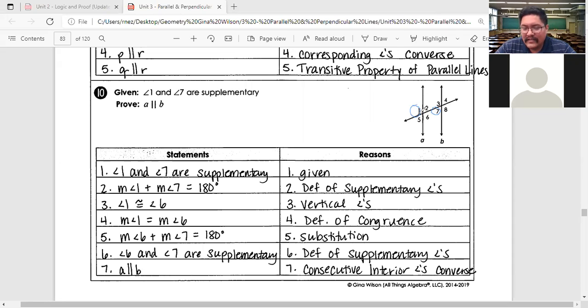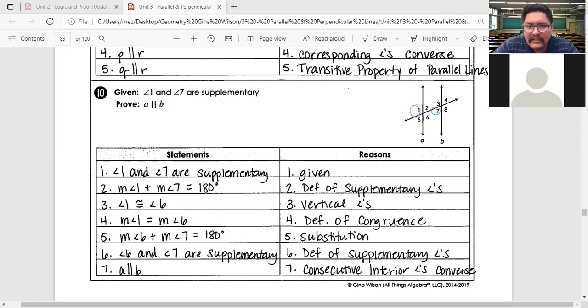None of the things we have covered says this is going to be that. So at this point we don't even know if A and B are parallel, because there's no predetermined relation or definition that would say those are parallel. In fact, that is what we are trying to prove.